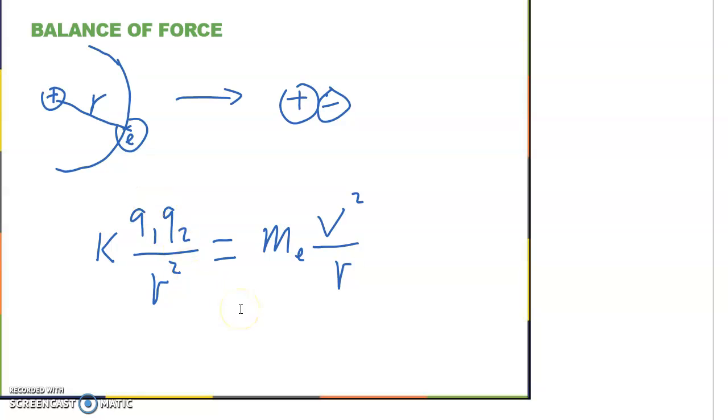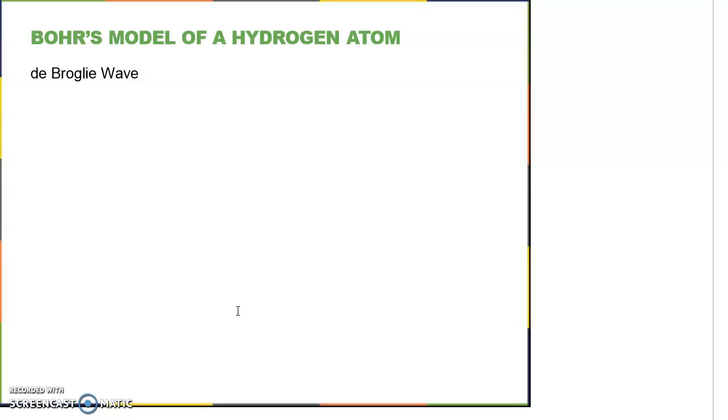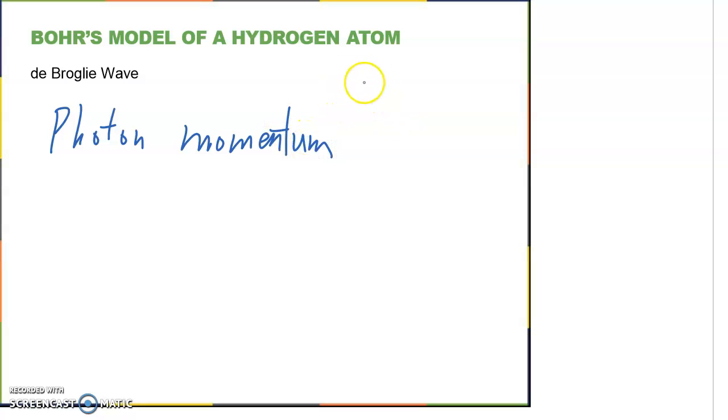Okay, so that's about the classical mechanics of an electron that is circulating a positive charge inside or many positive charges. The second concept that I would like to introduce to you is called the de Broglie wave. Before, we talked about that a photon carries momentum, and that is by the Compton experiment.